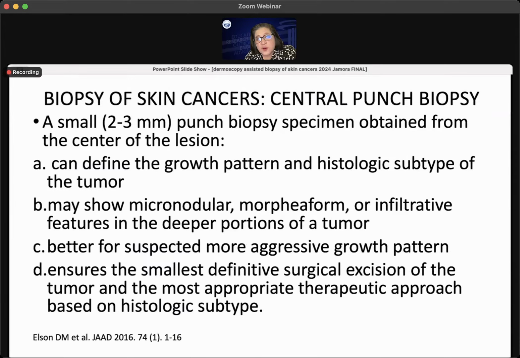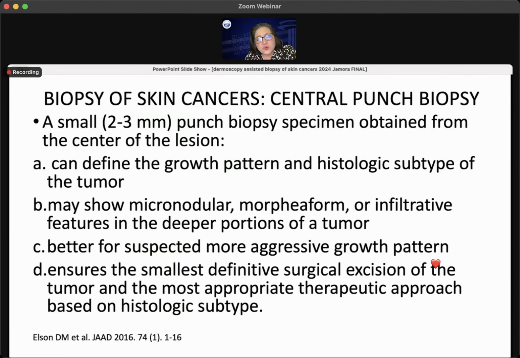So, in general, without dermoscopy, just punch the thickest portion of the tumor, the most darkly colored part of the tumor. So, Johan talked about the juiciest part of his lesion. For suspected skin cancers, it's either the darkest or the thickest part.